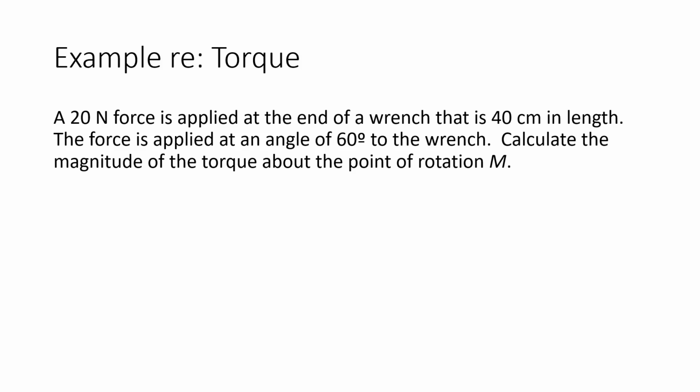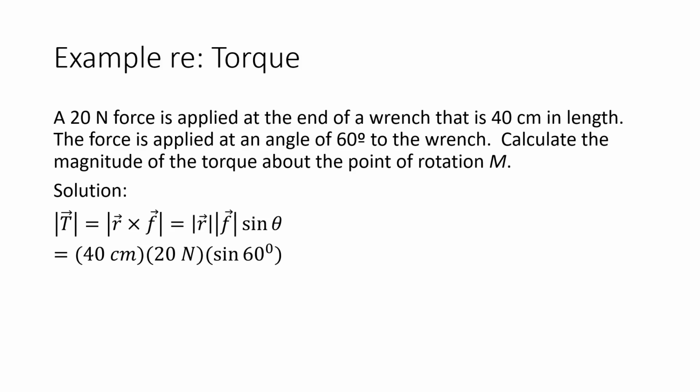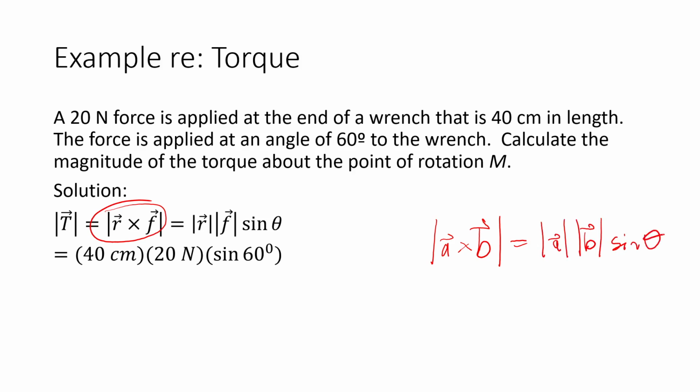We want to calculate the magnitude of the torque about the point of rotation, M. So since we're just looking for the magnitude of the torque, and torque is r cross F, the magnitude of the torque will just be the magnitude of r cross F. In one of our previous videos where we established formulas, we said that the magnitude of A cross B will be equal to the magnitude of A times the magnitude of B times the sine of the angle in between them.